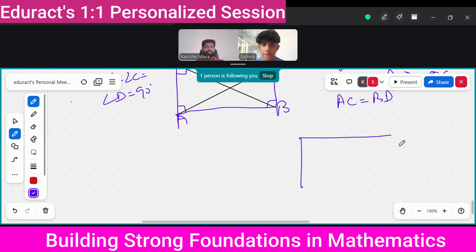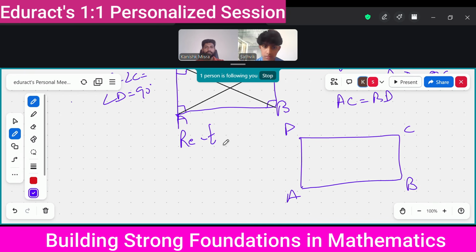Let's say this is your rectangle, and you have been given this is 3, this is 4. Find the length of the diagonal BD.